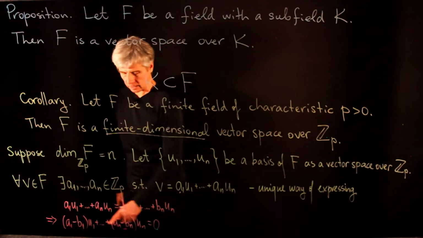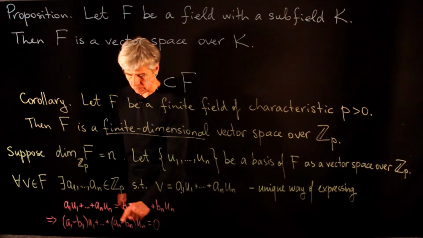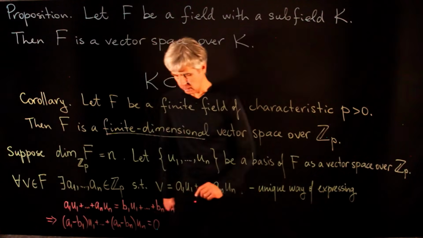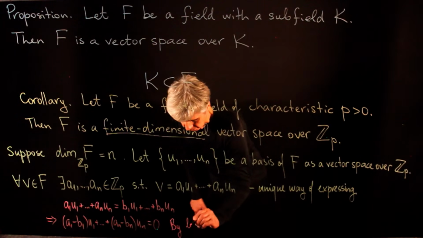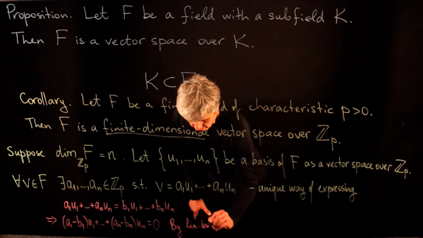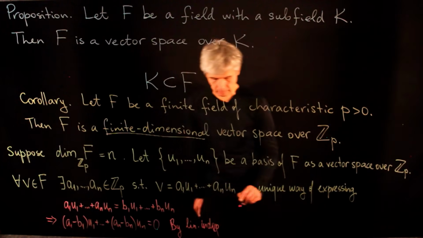And what we have here is a linear combination of these elements with coefficients in Zp, which is equal to 0. So by linear independence, each coefficient here must be 0.